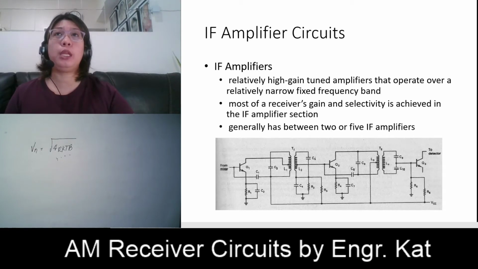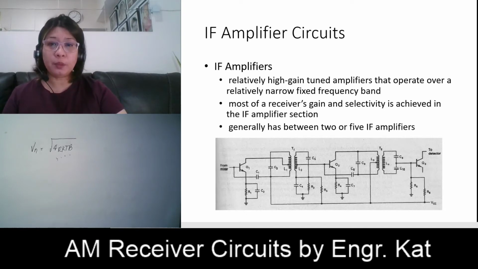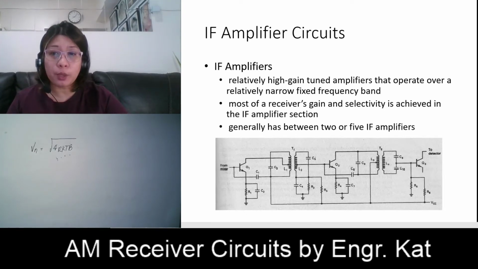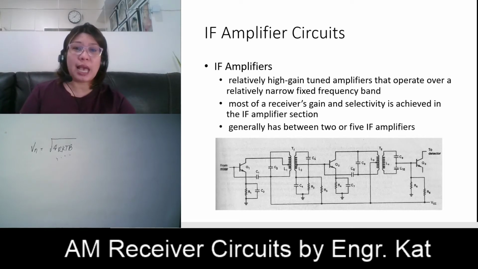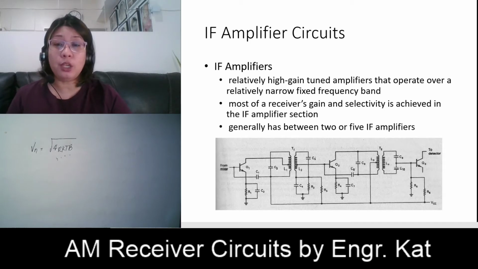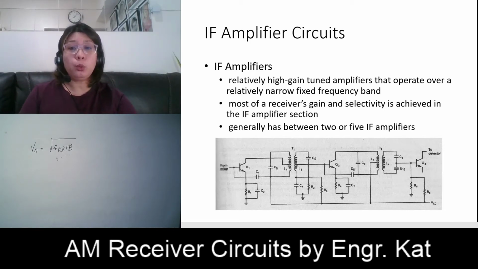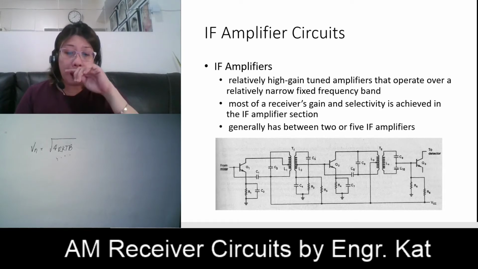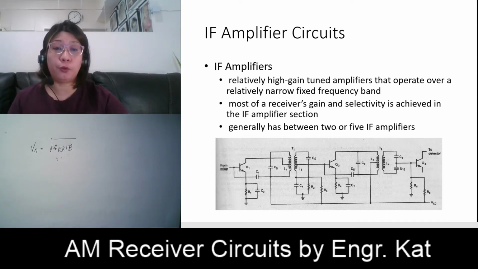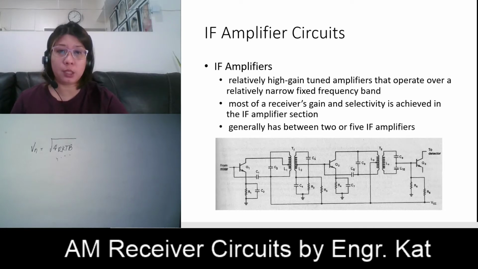If you look at this one, this is a 3-stage IF amplifier. Our T1 and T2, our two transformers here, are double tuned transformers. Later we will explain what double tuned transformers are.